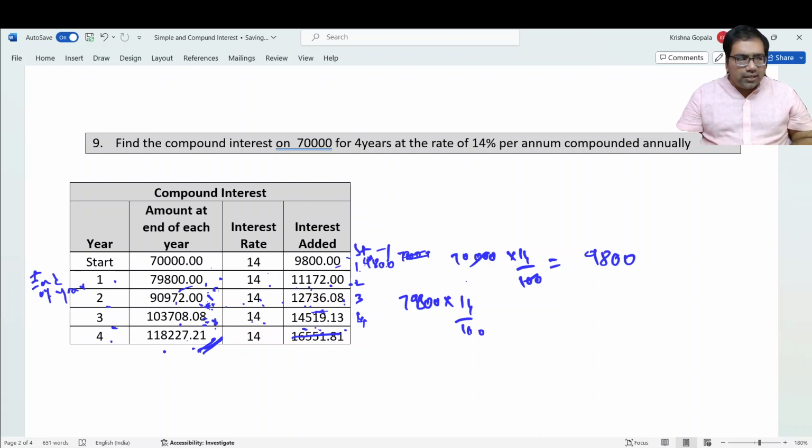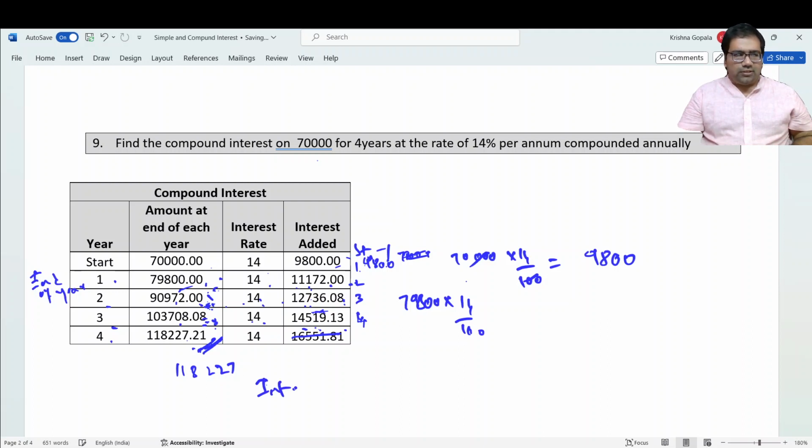1 lakh 18,227. He has taken 70,000, right? And he has to pay 1 lakh 18,227 as the total amount. 1 lakh 18,227 minus 70,000 is the amount that has accrued as interest.